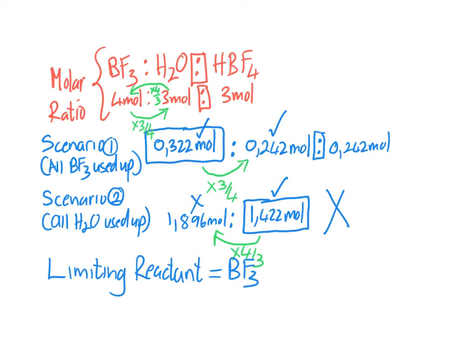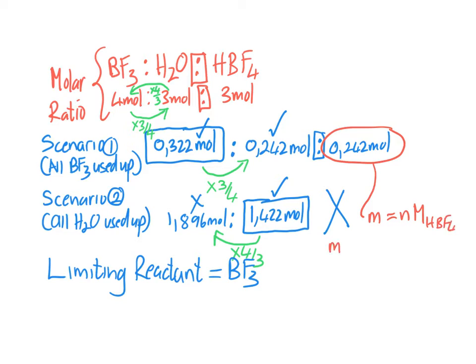So scenario 2 points to the fact that the amount of HBF4 that is produced is 0.242 moles. We now need to convert this into mass. So mass is number of moles times molar mass, and this would be the molar mass of HBF4.